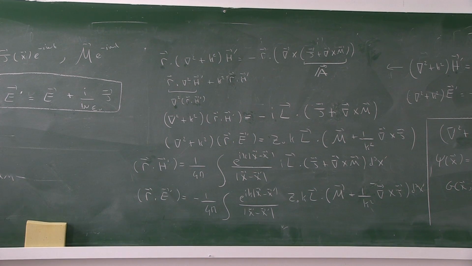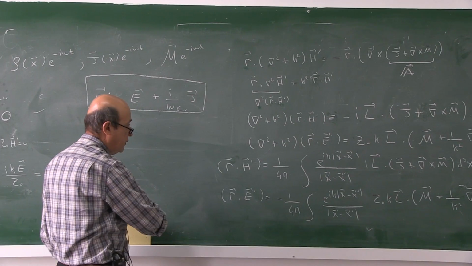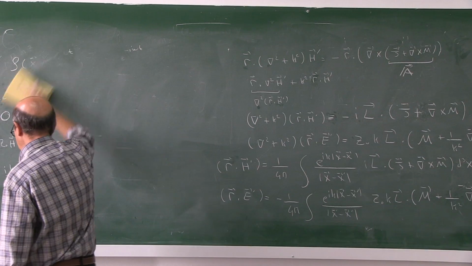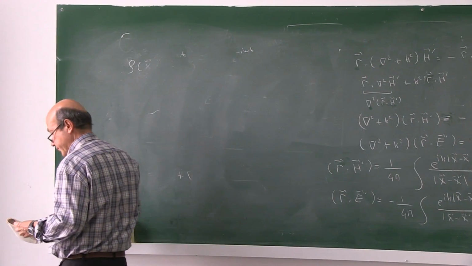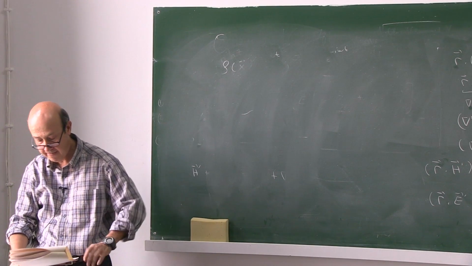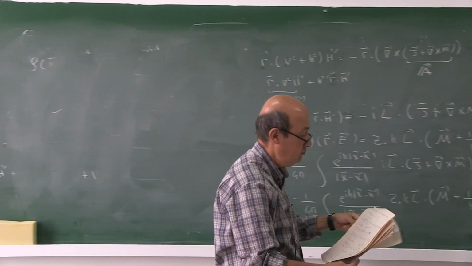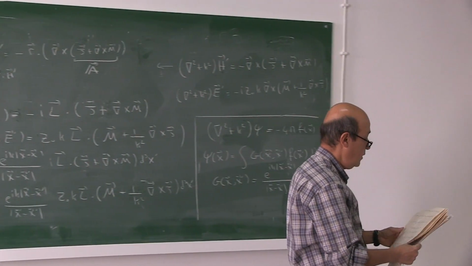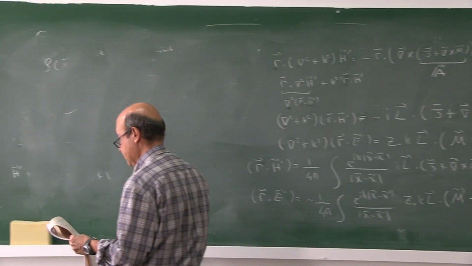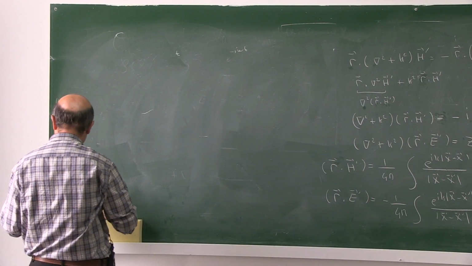Now the next thing: what is our main major aim? This is the solution in terms of the source and the Green's function. But what is our aim? What I told you last time is that you have the solution in general, E and H, in terms of some multipole moment coefficients.